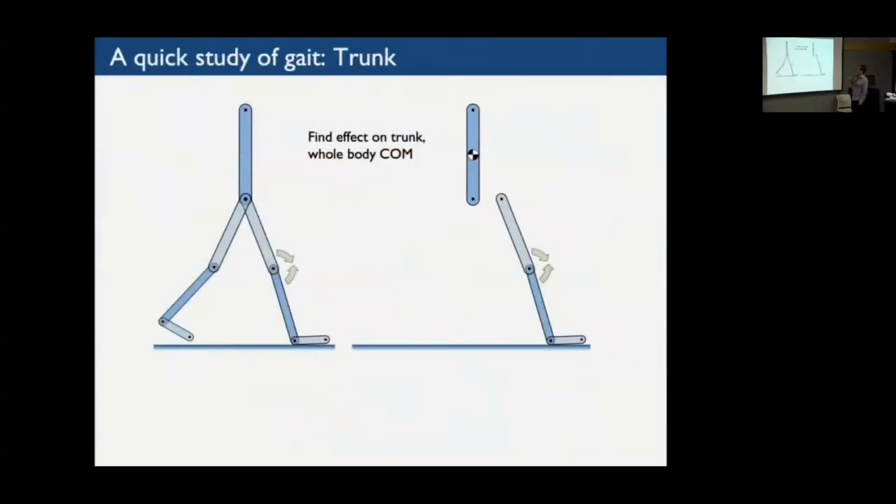Okay, let's think about the trunk, and let's think about what happens when your foot hits the ground with each step. The idea is that you're going to have a ground reaction force at the bottom of the foot.